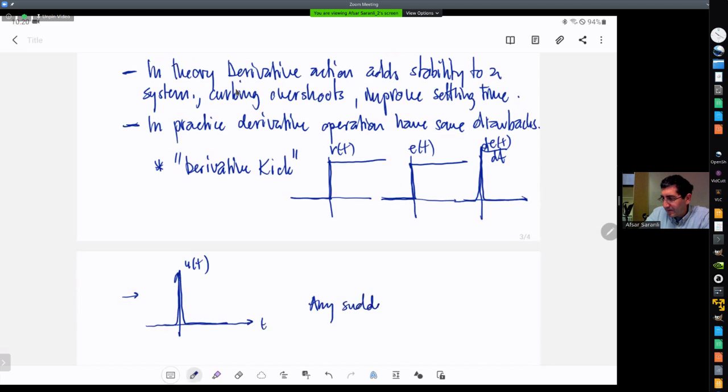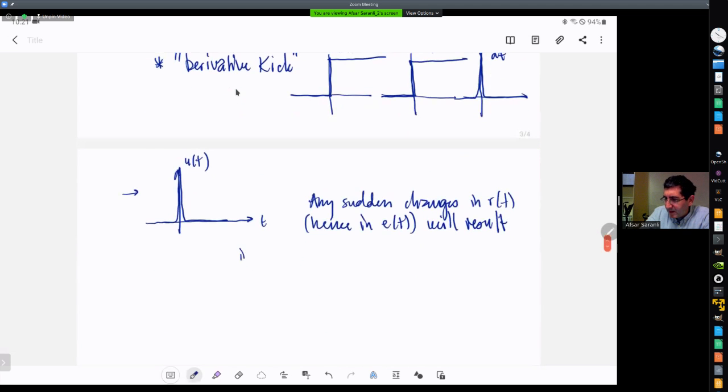So let's say any sudden changes in R of t, hence in E of t, will result in numerical instability at u of t. What I mean by numerical instability is that you may end up with a very sudden large value change in the actuator function u of t.